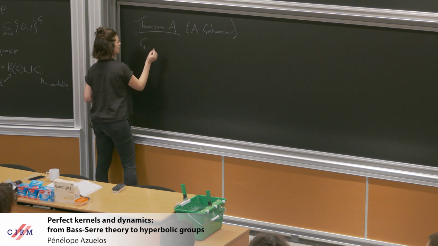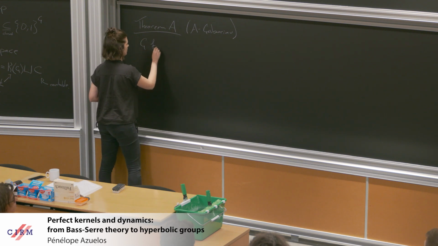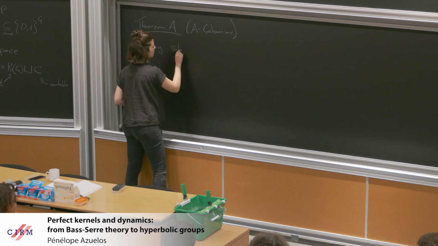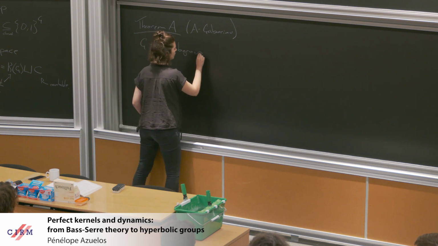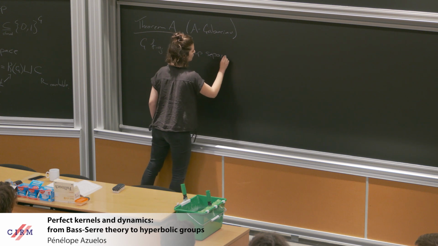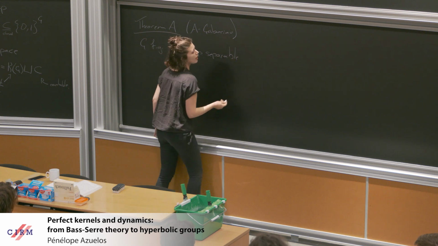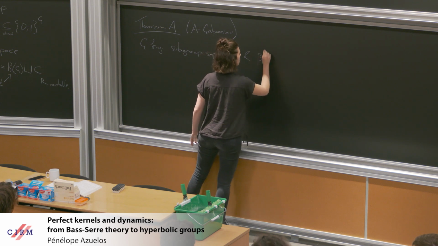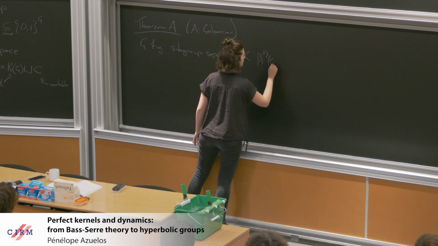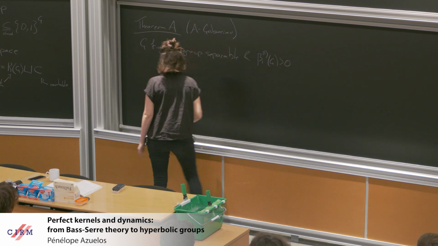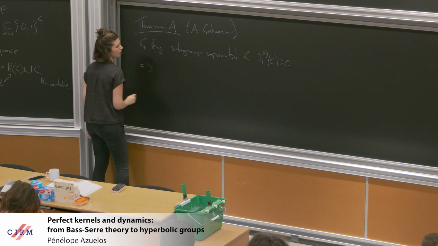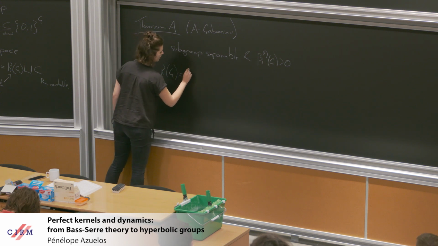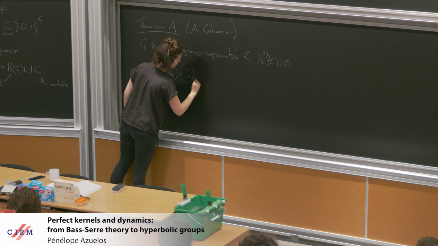And I'm just going to state it, and I'll explain the assumptions that we make later. But if G is finitely generated, subgroup separable, and the first L2 Betti number is strictly positive, then it follows that its perfect kernel is equal to the set of infinite index subgroups.